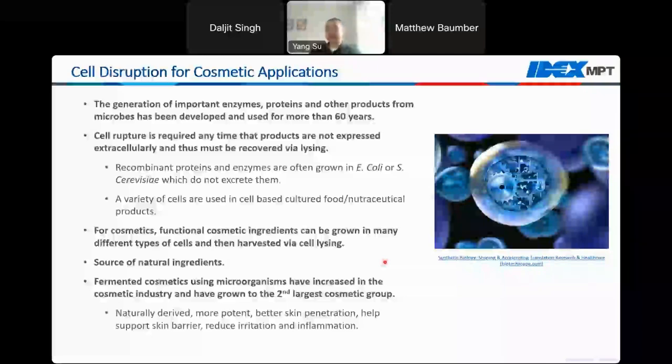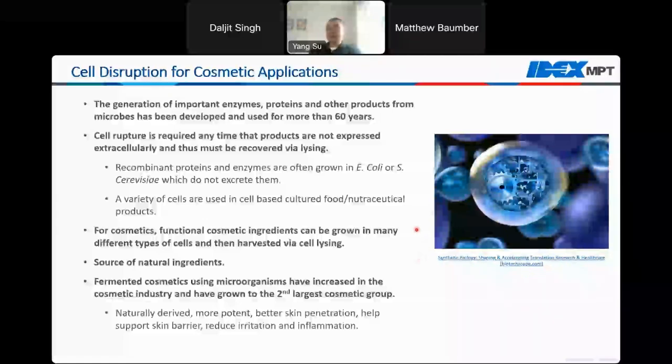People have been doing that for more than 60 years. If you think about cells, they can be viewed as a little living factory that can potentially produce and grow a lot of different functional ingredients within the cell.